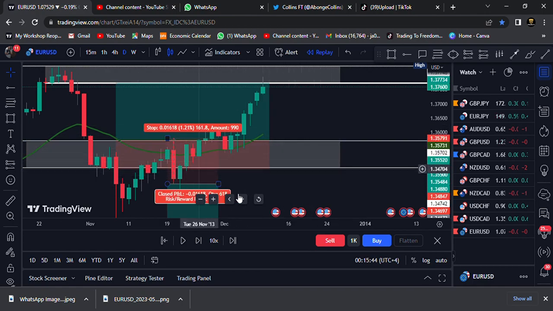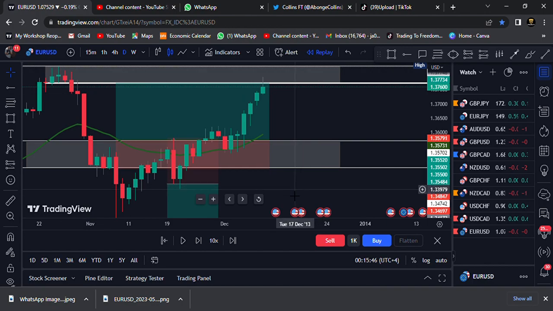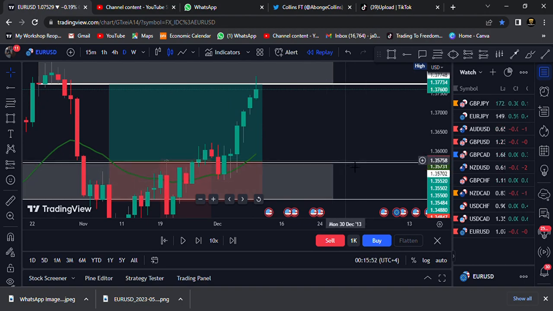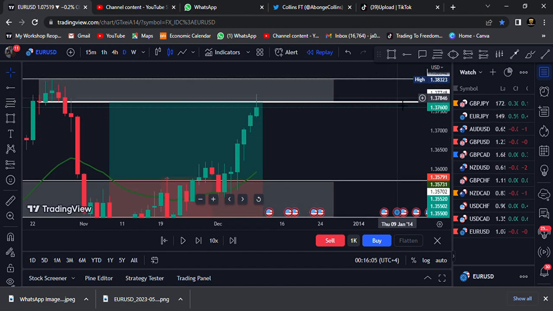So 150 pips that we lost here, let's see if we recovered up to that much here. We did trigger at 3593, 3593 to 3776.